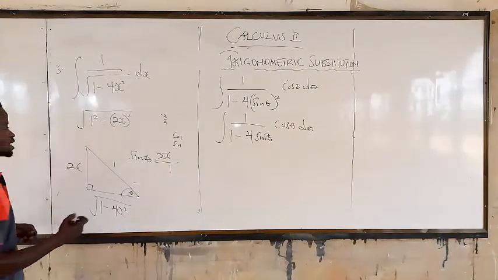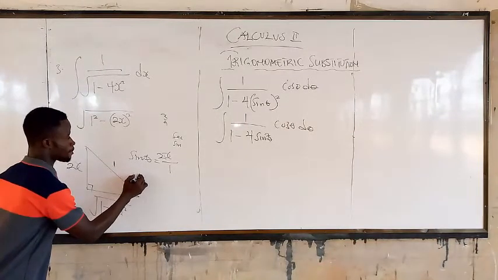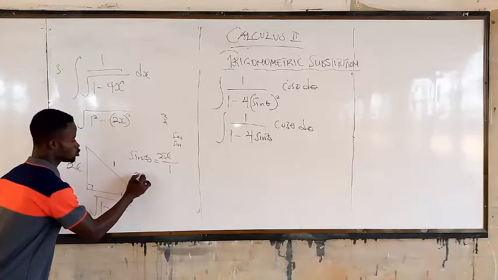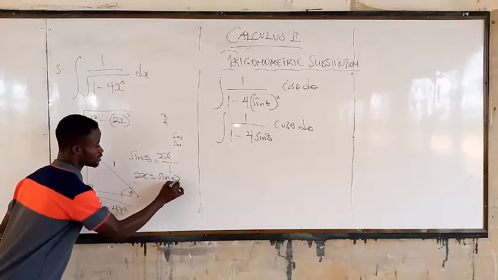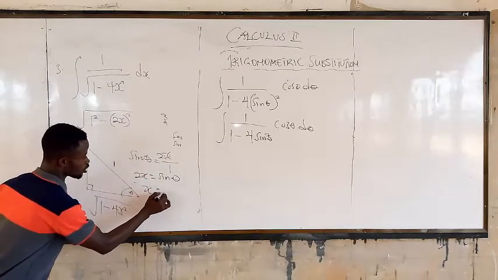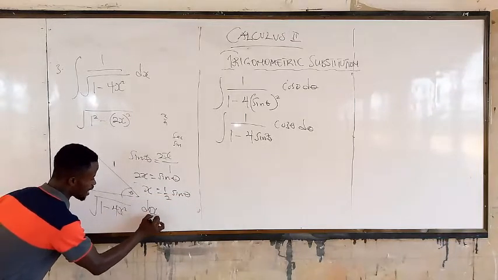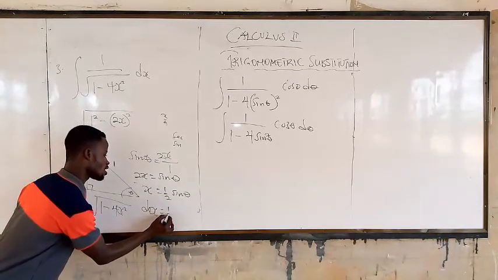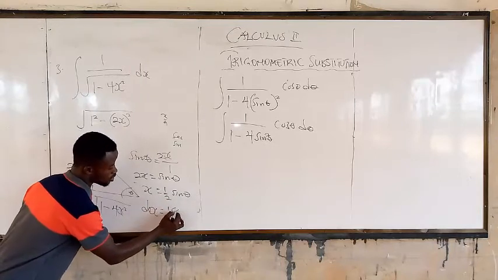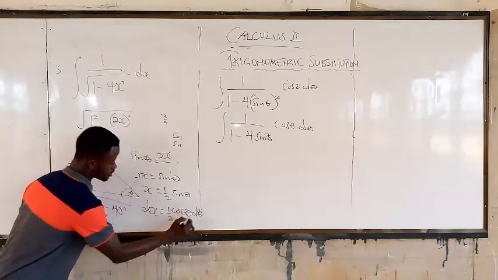So here we get 2s is equal to sine theta. So s is equal to half sine theta. So ds is going to be half cos theta d theta.